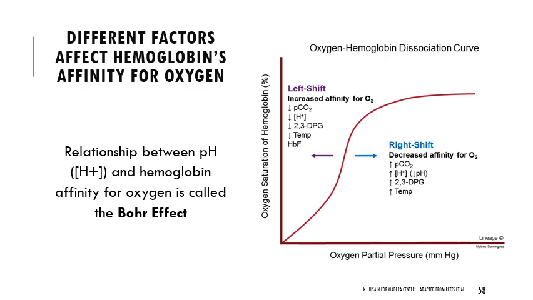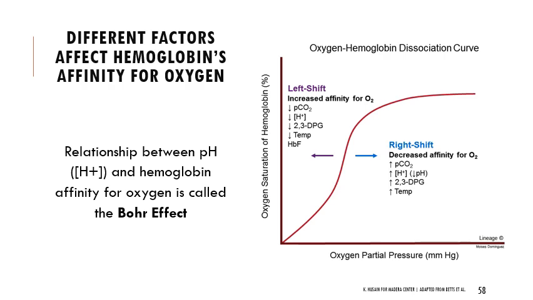The right shift, a decreased affinity for oxygen, might be due to increased carbon dioxide and increased proton concentration, so decreased pH, increases in this 2,3-DPG and increases in temperature.